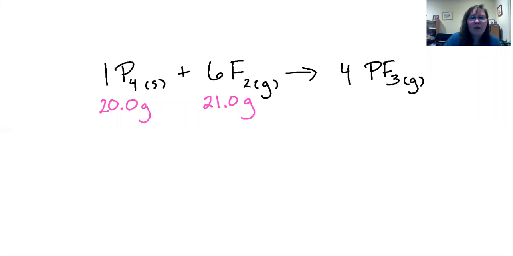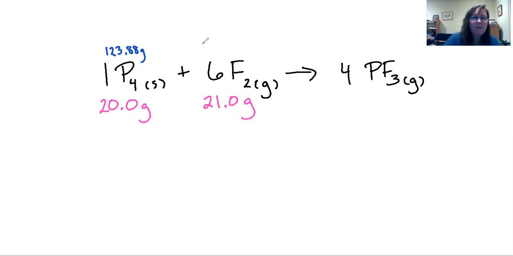So what you can do first is look at our P4. We found on the previous one that the molar mass of our P4 was 123.88 grams. To find the mass of my fluorine, I need my periodic table, and it's 2 fluorine, so it's 18.998 times 2.